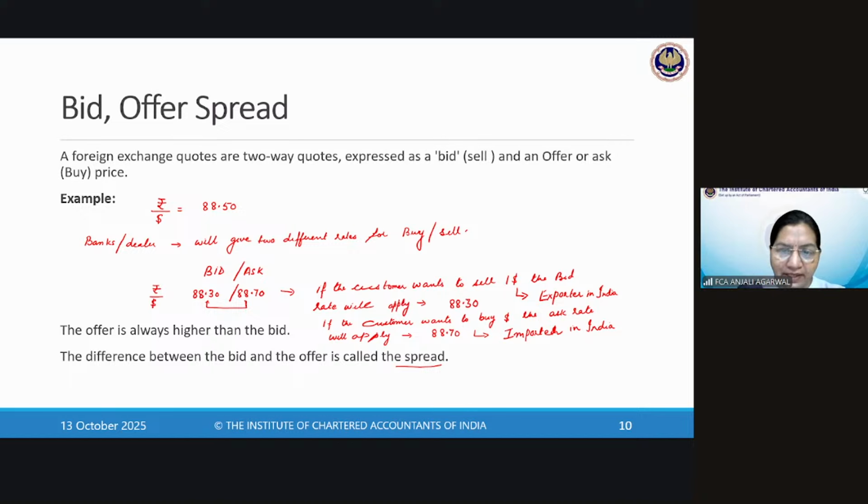Bid is the price if you want to sell dollars to the dealer. Bid is the price he will give you. 88.30/88.70. If I've taken these two rates as the bid and ask, if there is an exporter, think about it, an exporter will have given some goods to someone in USA.